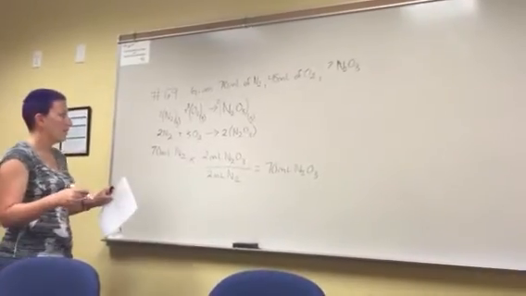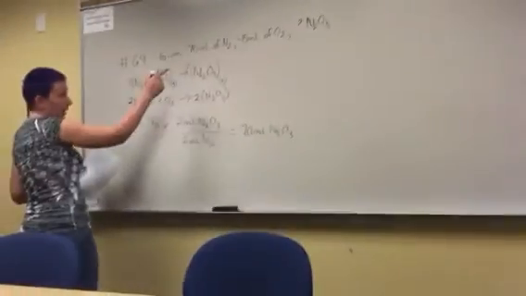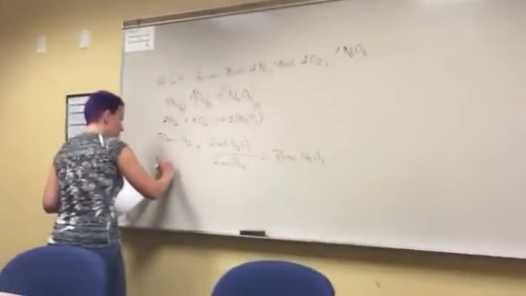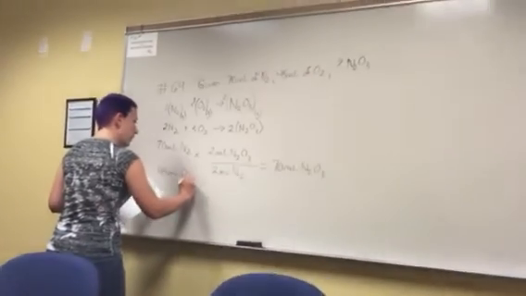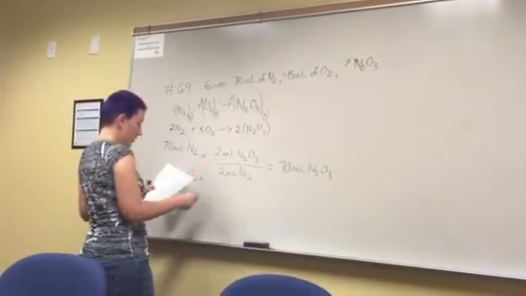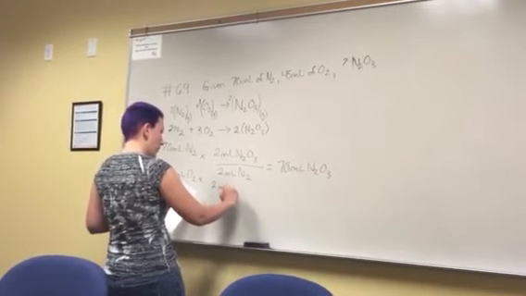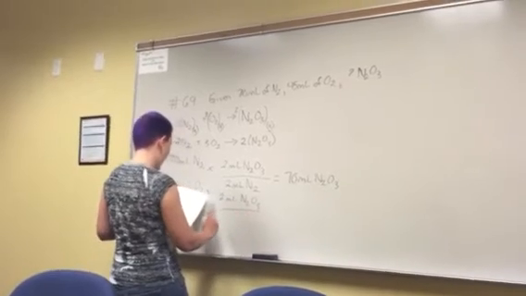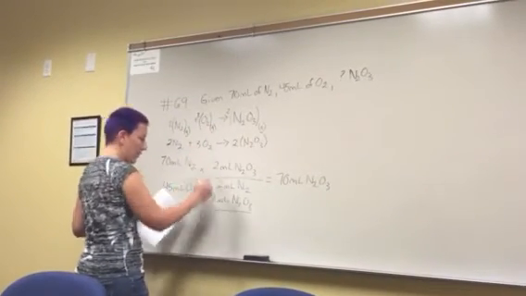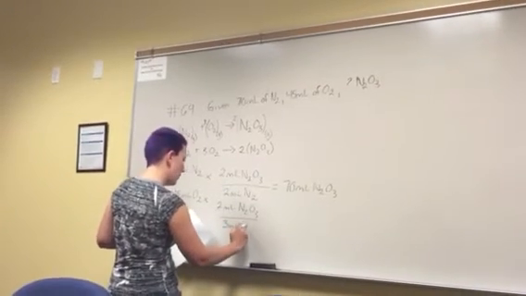Now I'm going to find out how much is produced from the oxygen. Given 45, I have 45 milliliters of O2, multiplied by my 2 milliliters of N2O3 over my 3 milliliters of oxygen, because I have 3 of oxygen.